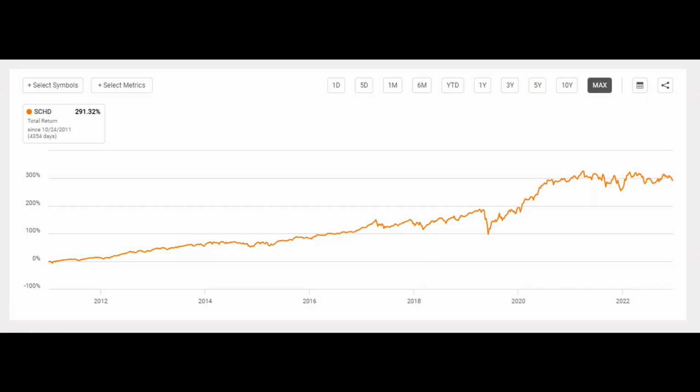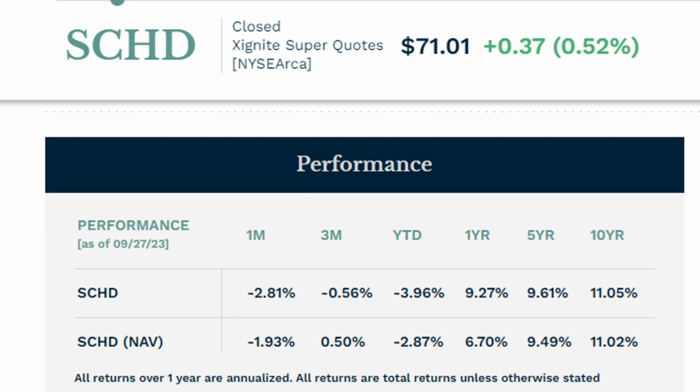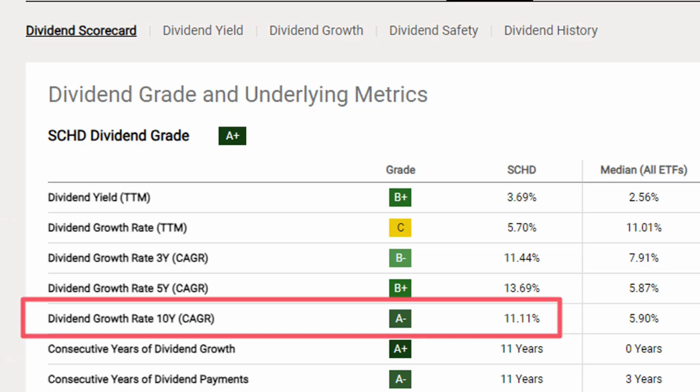For SCHD, the current total return since inception is 291.32%. The 10-year annualized return is 11.05%, which is pretty good. Now, I assume that if you are interested in SCHD, you are mainly so for the dividend income and appreciation it provides. And in that field, SCHD really shines with a 10-year dividend compounded annual growth rate of 11.11%.